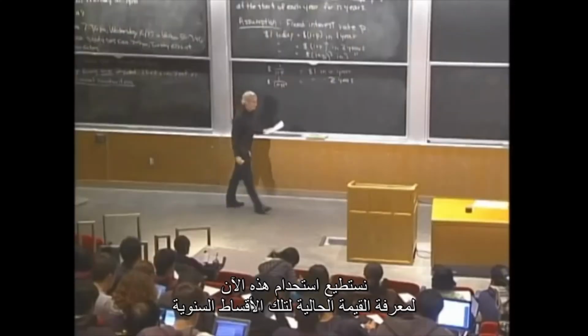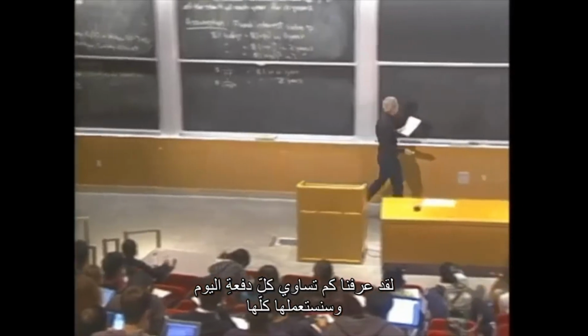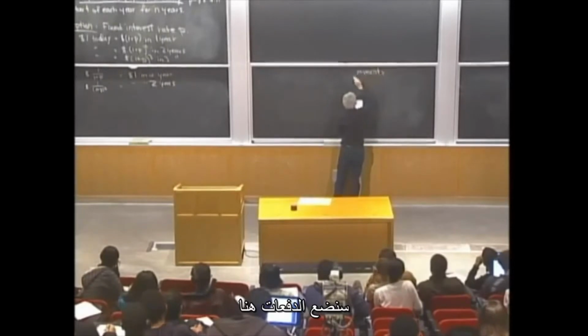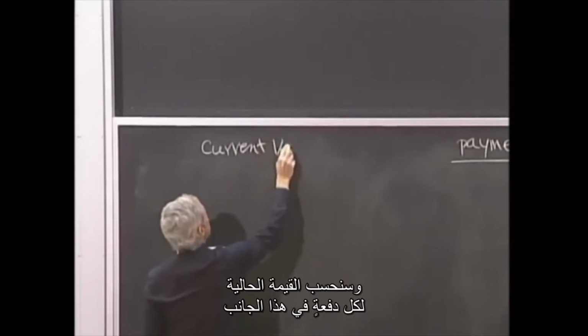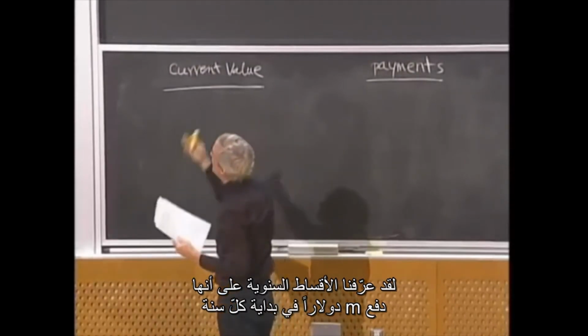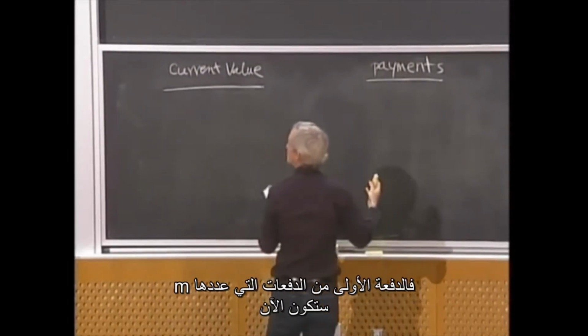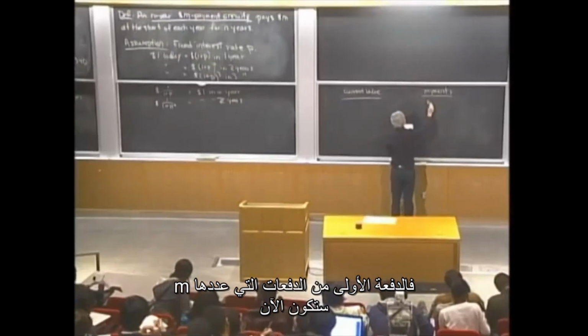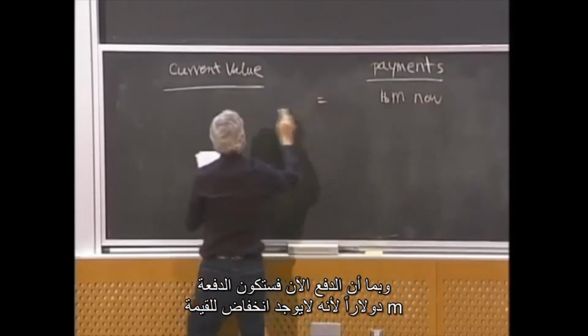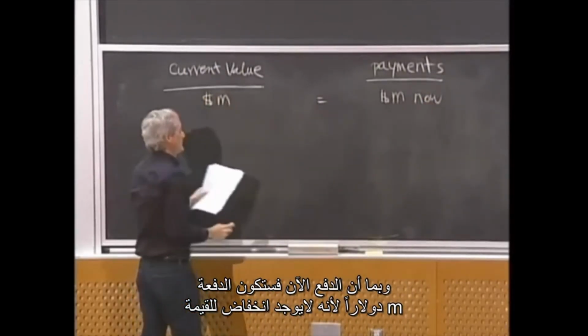All right, well now we can use this to figure out the current value of that annuity. We just figure out what every payment is worth today and then add it up. So we'll put the payments over here and we'll compute the current value of every payment on this side. With the annuity, the way we've set it up, it pays M dollars at the start of every year, so the first of the N payments is now. Since it's being paid now, that's worth M dollars. There's no devaluation.